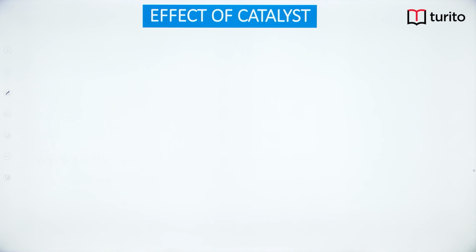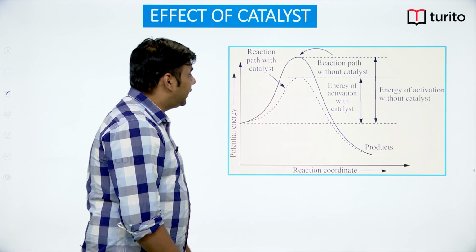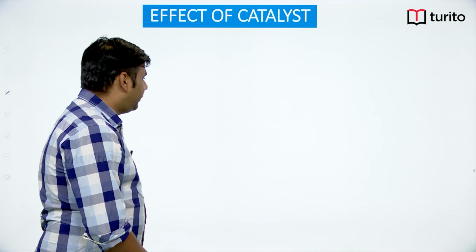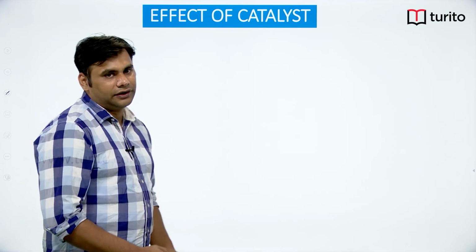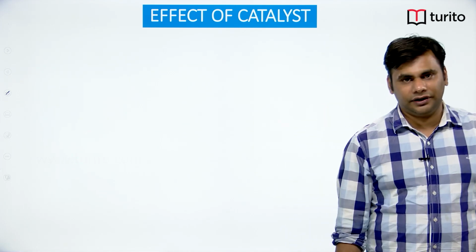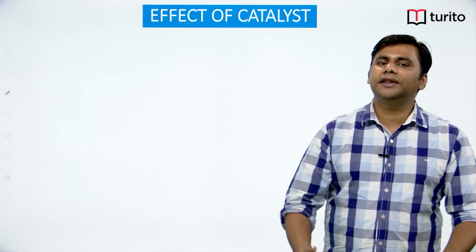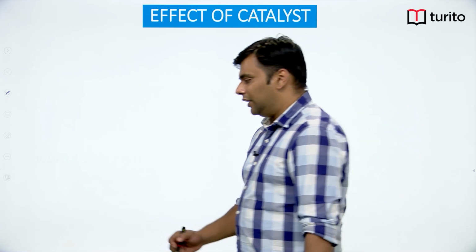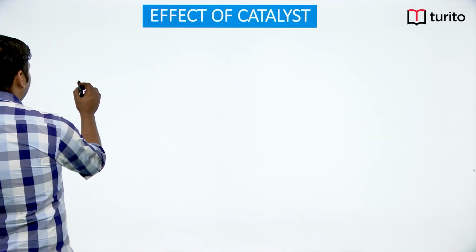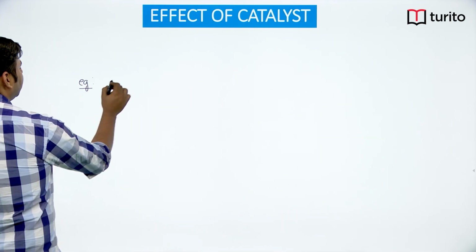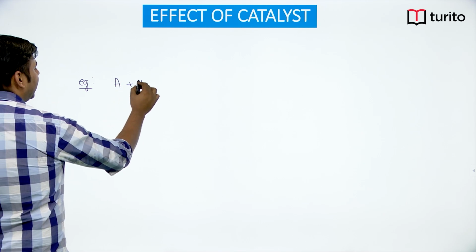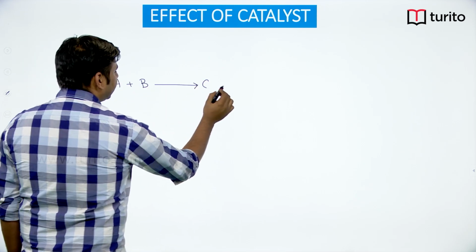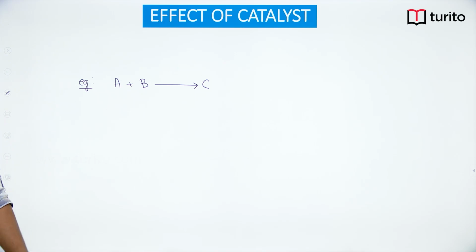Now let us understand the effect of a catalyst. What does a catalyst do? When we are carrying out a reaction, we say that a catalyst generally increases the rate of reaction. Now how does it increase the rate of reaction? Let us assume a hypothetical reaction, A plus B forming C. This is an elementary reaction, that means it is proceeding in a single step.